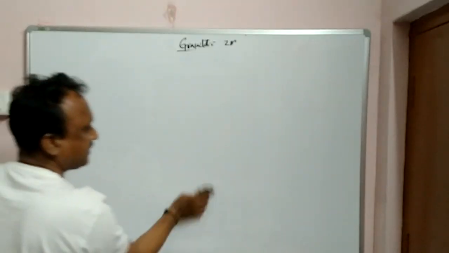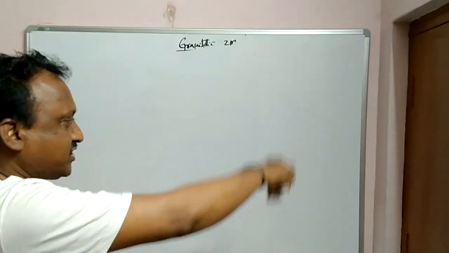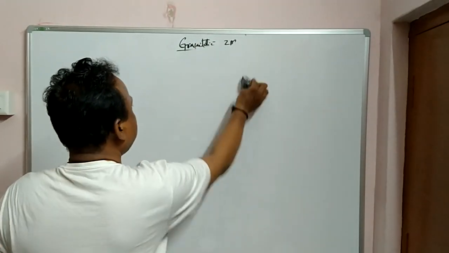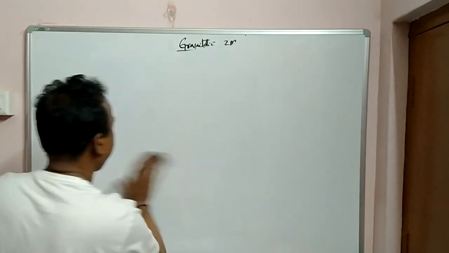The uniform circular ring. So the mass is distributed like this uniformly. For the uniform circular ring, we are now going to find the gravitational field intensity.